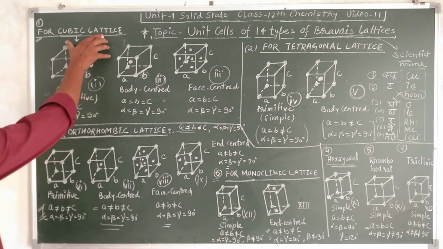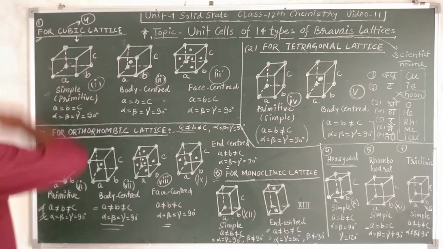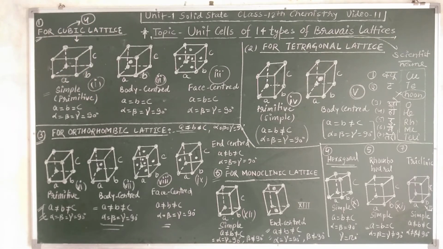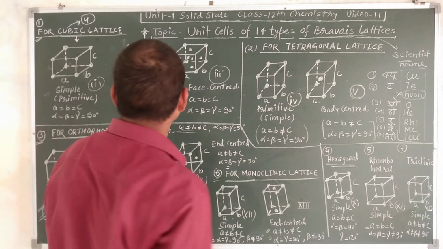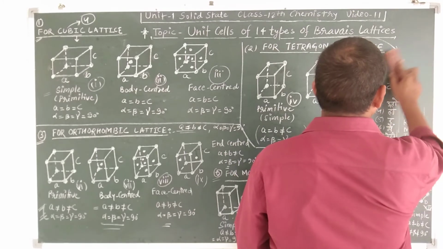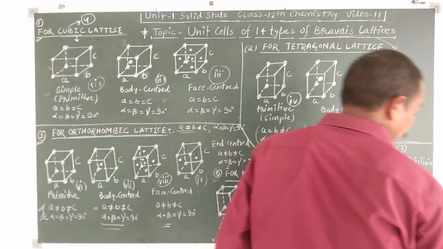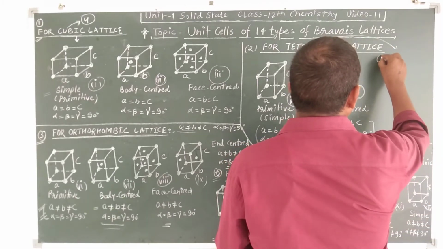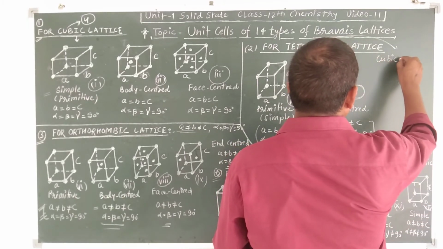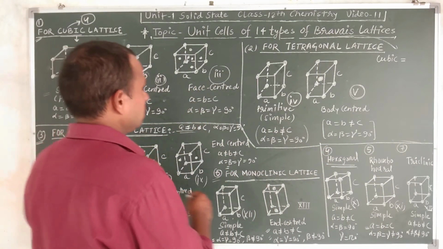So the cubic lattice contains 3 variations.